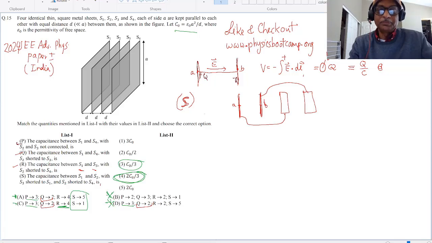So the final decider is now what we're looking at. Again, we're going to put a plus Q on this, but because this is connected over here, this plus Q will distribute over all these surfaces, and because there's a minus Q over here, it's not going to distribute on the other side of this.